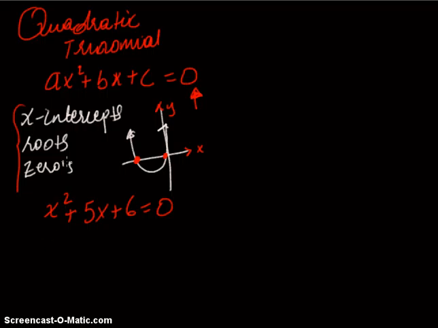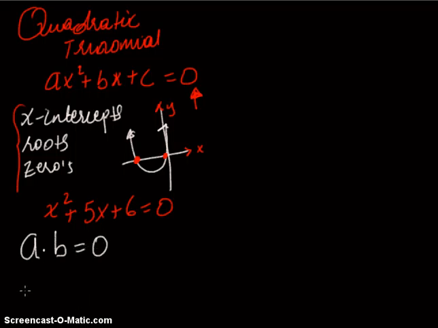Now we call it the zero product property. What is the zero product property? Let's say we do have two things, a and b, that are multiplied and then they equal 0.